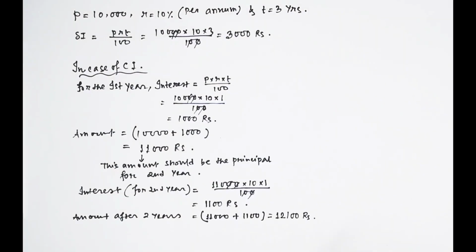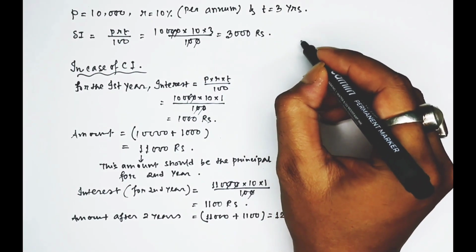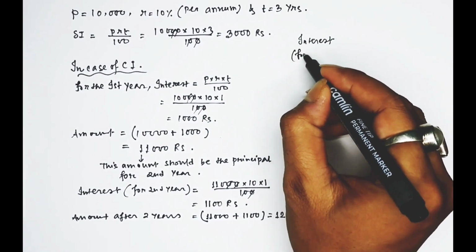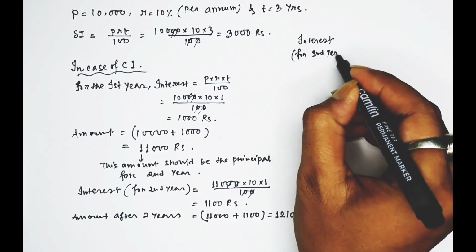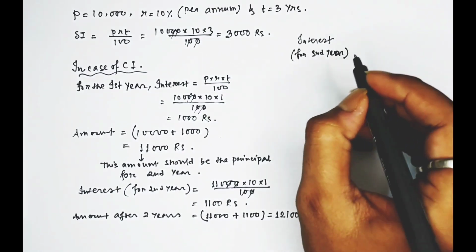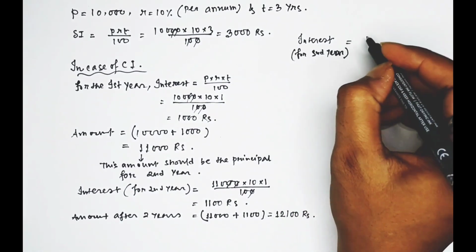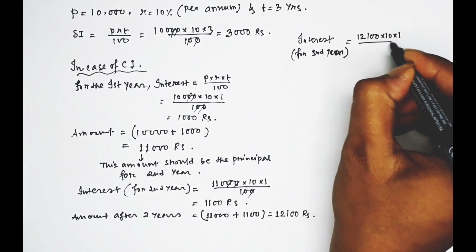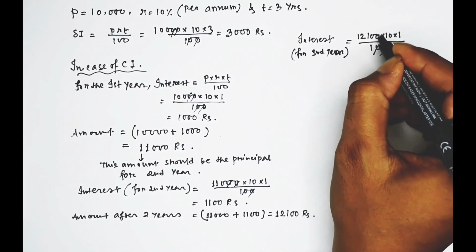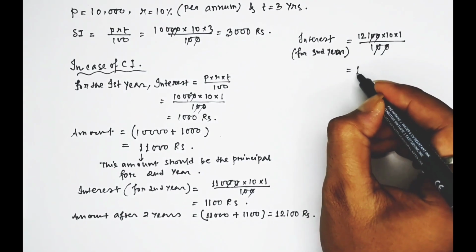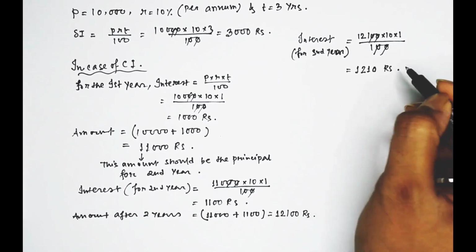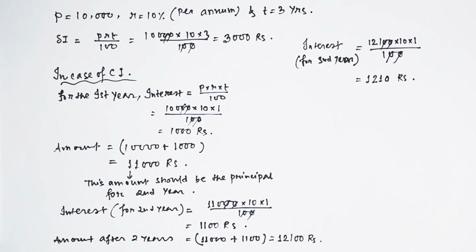If we calculate the value of interest for the third year, we get the value of interest for third year equals to 12,100 into 10 into 1 divided by 100, that is 1210 rupees. So what is the amount after third year?